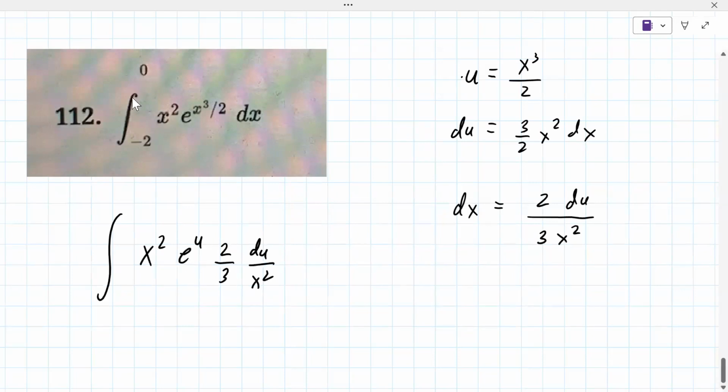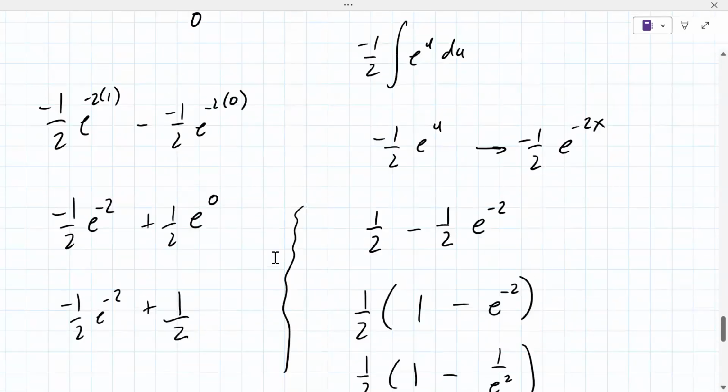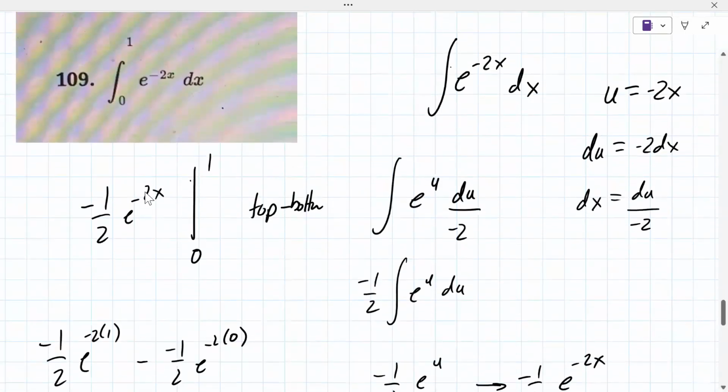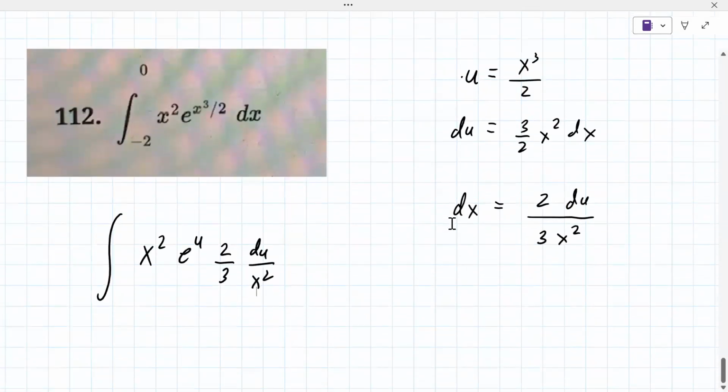We haven't done this yet, but we're going to change the bounds. The whole point of this u substitution is that you are allowed to change the bounds, but you have to evaluate them. Rather than integrating with respect to x, where you can see the x's cancel, we integrate with respect to u, but we're not going to back substitute. That's the better way, but slightly more confusing.